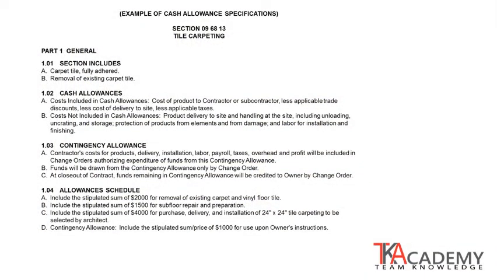Here's an example of a cash allowance specification. In this case, it is for tile carpeting. So flooring often is done as a cash allowance specification. Paragraph 1.02, cash allowance, indicates what costs are included and what costs are not included in this cash allowance. The cost included is basically for the material, to procure the material.